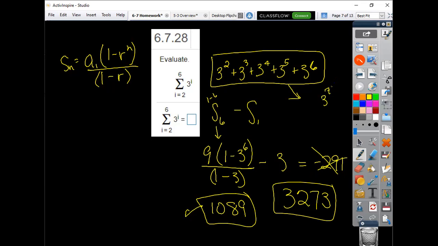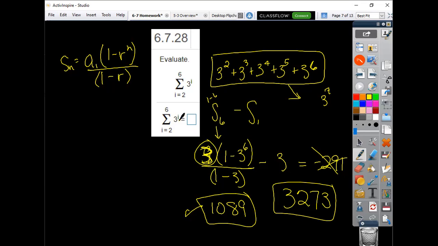So my initial term, it could also be, is this not my a sub 1? If I put in an a sub 1 there, that should have been a 3, right? Let me see if I change that up there to a 3. 1 minus 3 to the 6th, 1 over 1 minus 3.